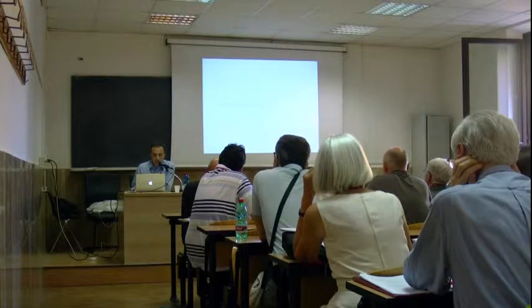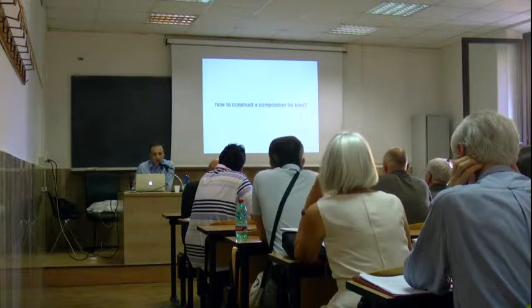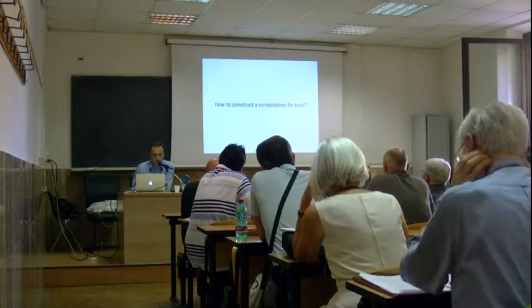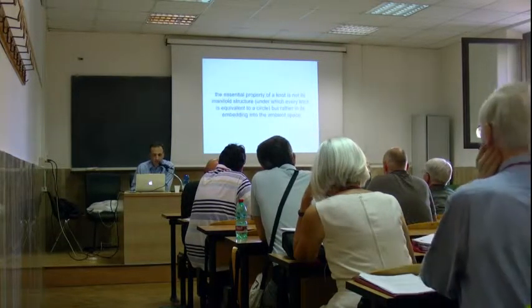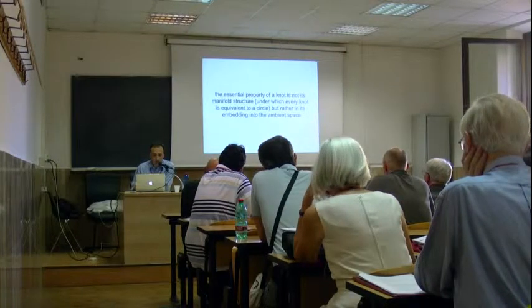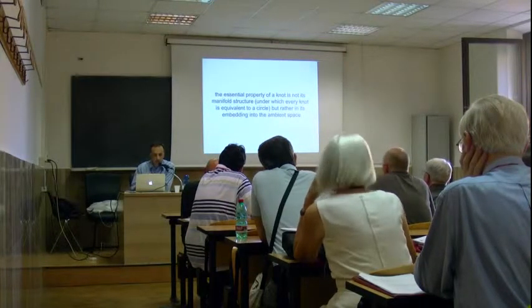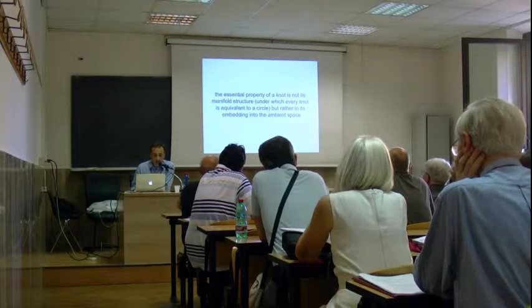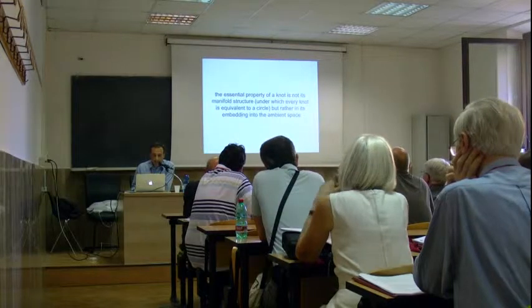So, how to construct a composition for knots? The first observation is that the essential property of a knot is not its manifold structure, under which every knot is equivalent to a circle, but rather its embedding into the ambient space.